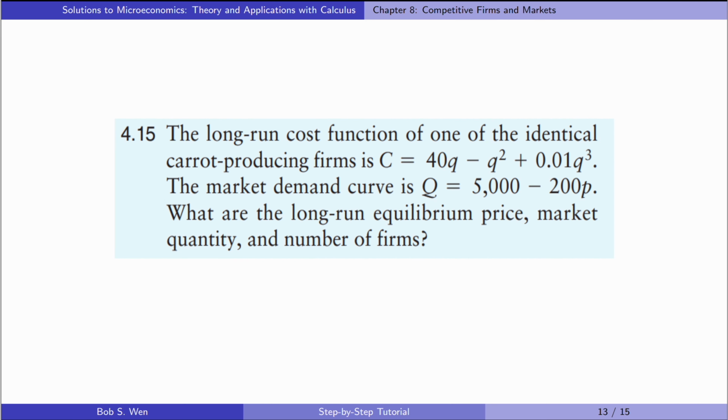Let's try exercise 4.15. The long-run cost function of one of the identical carrot-producing firms is as follows. The market demand curve is Q equals 5,000 minus 200 times P. What are the long-run equilibrium price, market quantity, and number of firms? In a competitive market, the long-run market supply curve is horizontal at the minimum long-run average cost.